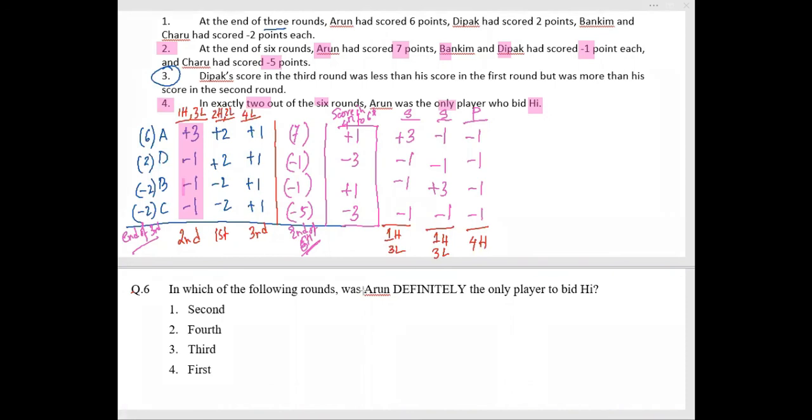To make Arun definitely the only player to bid high, it should definitely be the case of ace. Like in the first case, Arun is definitely high. In this case also high. But this one I know happens in the second round. This one, in which round I don't know, because the last 3 rounds can appear in any order. So as it is mentioned definitely, it should be the second round. The answer is option choice 1.